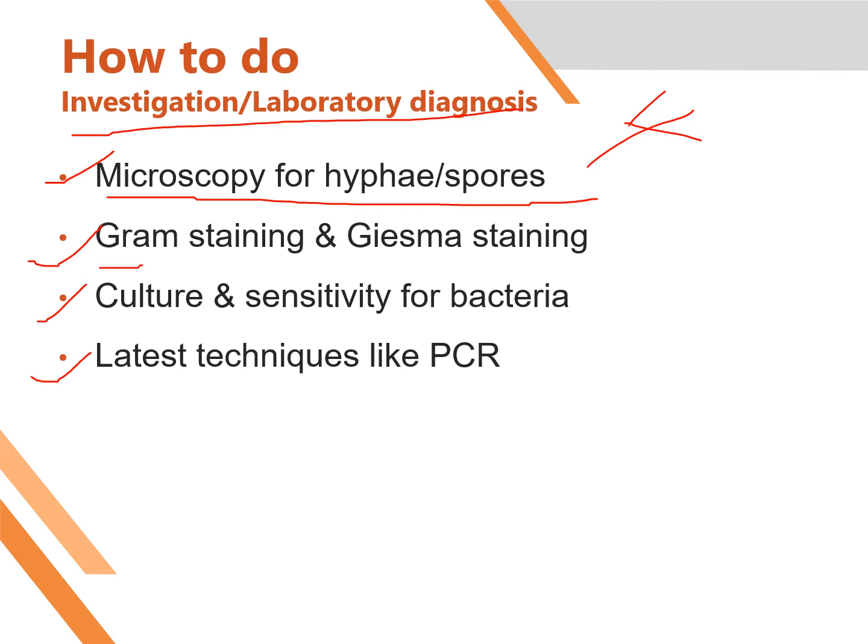Then we do the gram staining or Giemsa staining. In the gram staining, you look for gram positivity or gram negativity, and for the shape of the bacteria, whether they are cocci or bacilli. So with the help of the shape and the gram staining, you divide them into gram positive cocci, gram negative cocci, gram positive bacilli, and gram negative bacilli.